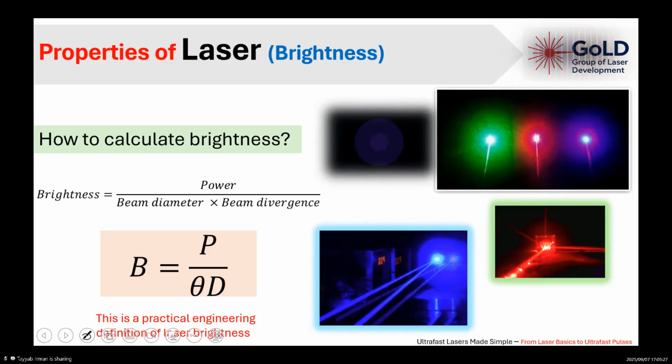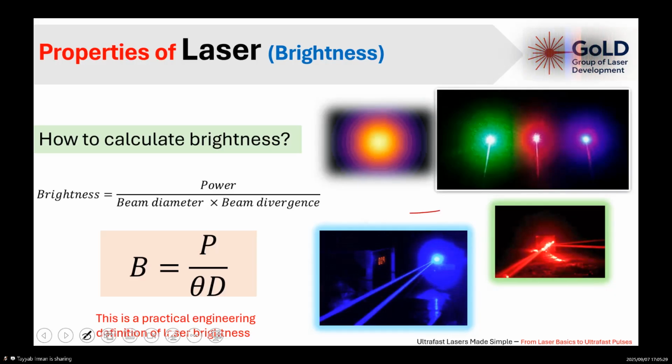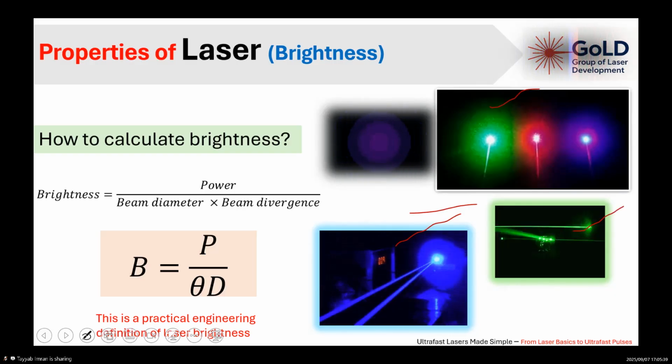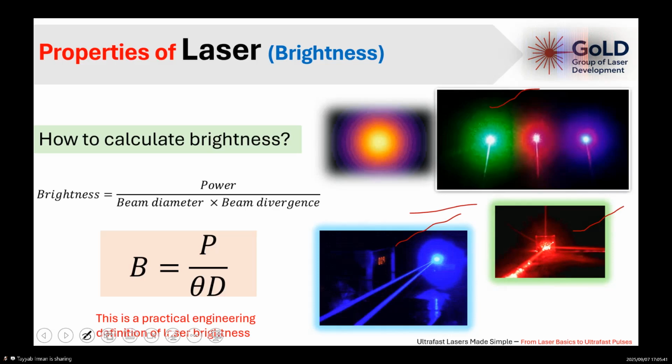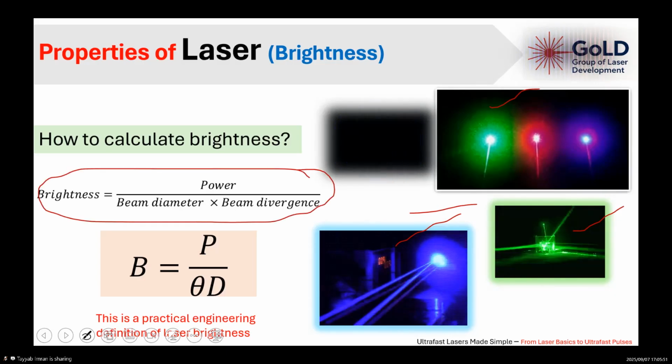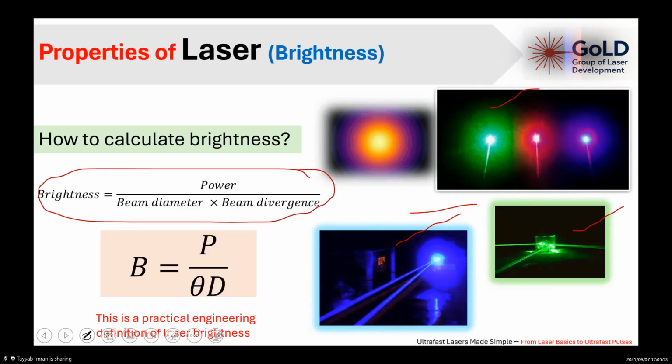You can see some GIFs here, animated stuff, showing the brightness of the laser, which is one of the properties. We need to know how to calculate the brightness. You can see the simple formula here: power over beam diameter and beam divergence. First we need to know the beam divergence, which we studied in the last lecture.